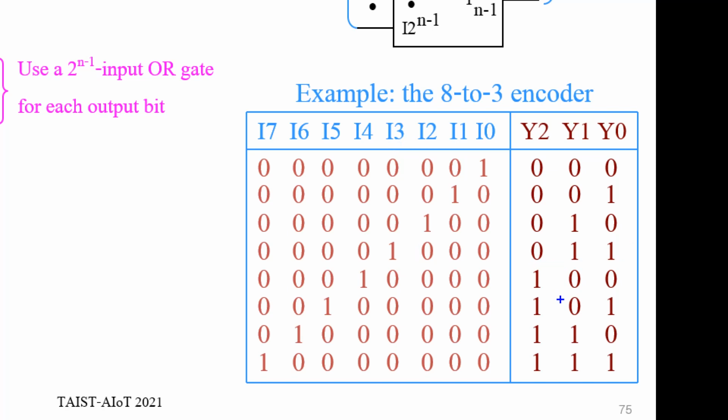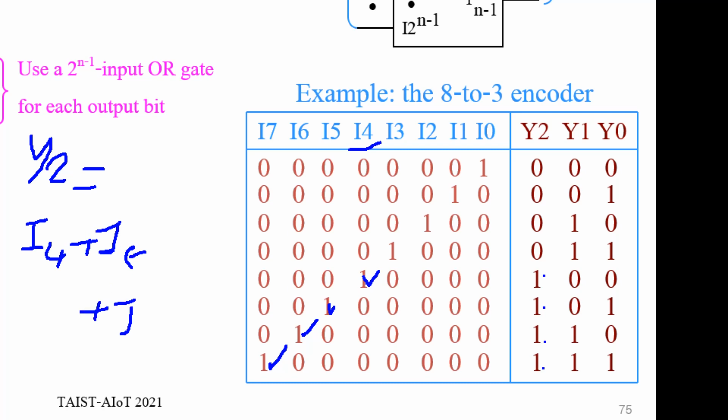So now if you want to implement this function, consider, for example, y2 and when the output will be 1. Output will be 1 when your input I4 is active or I5 or I6 or I7. That means you can write the equation like this: Y2 equals I4 or I5 or I6 or I7.